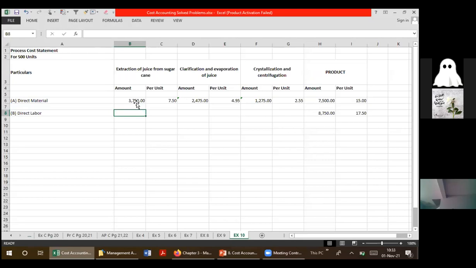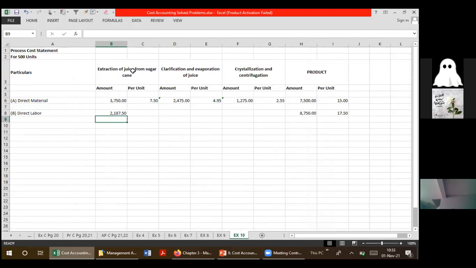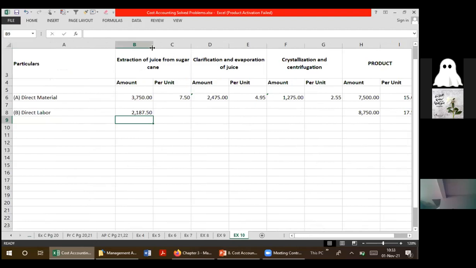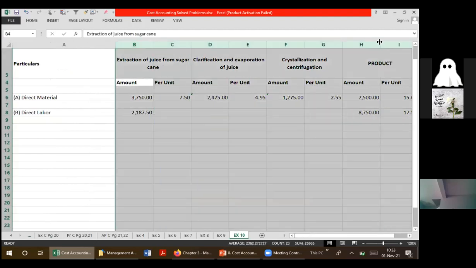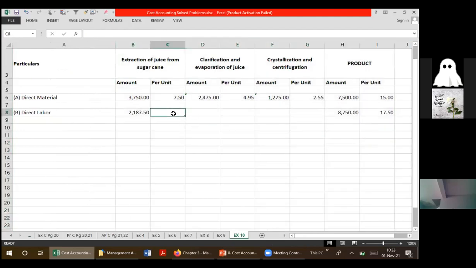So the first process will be 25%, which is equal to 25% of this. 2,187.5.